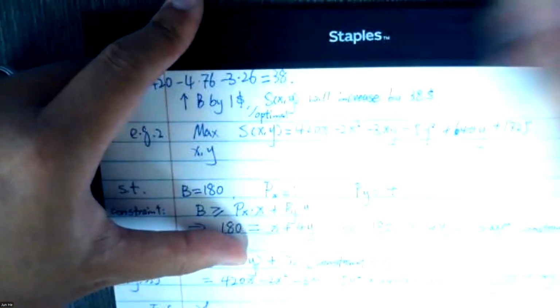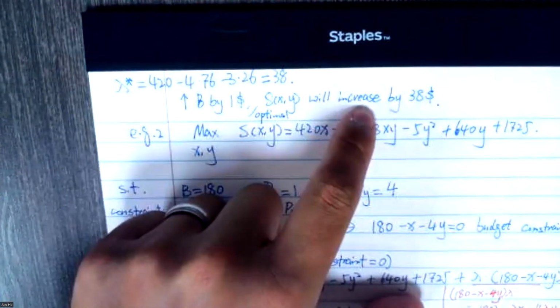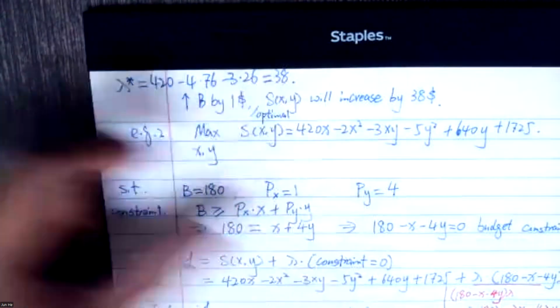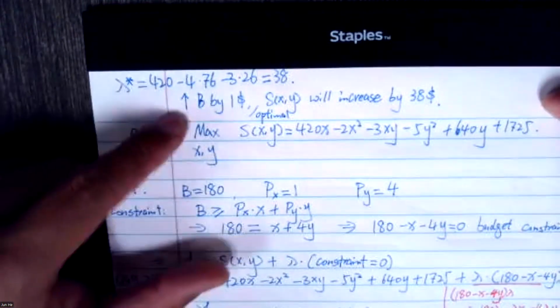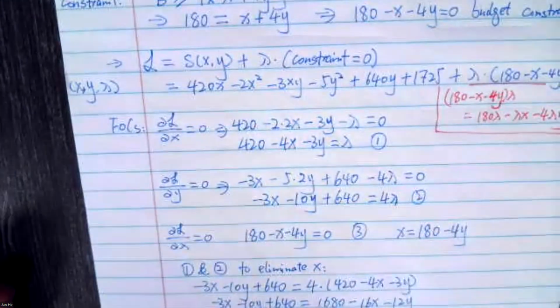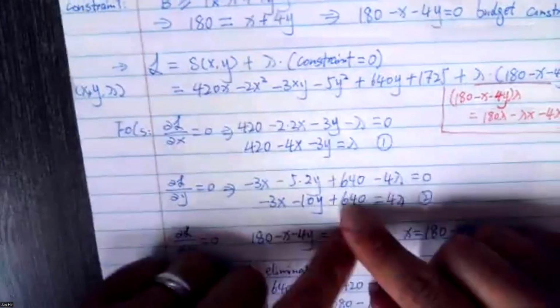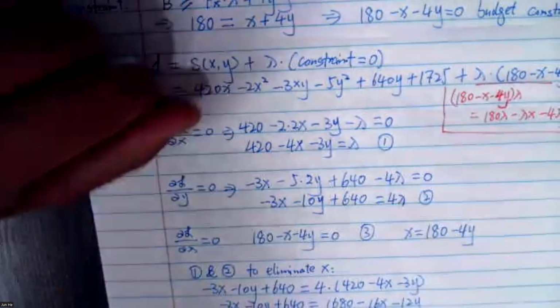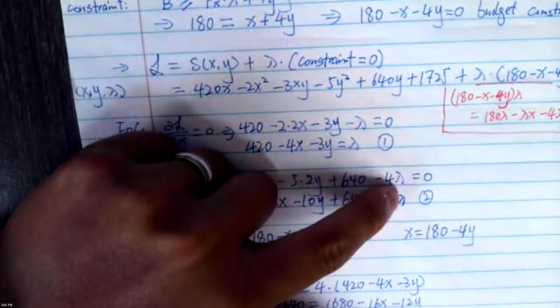The optimal sales will increase by 38, which is the value of lambda star. How did we find lambda star? We just take the optimal x and y into the first equation. You can take that into the second one, then you just have to divide by 4, right, to find lambda alone.